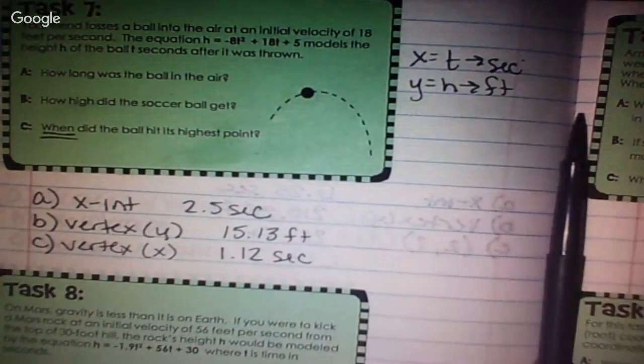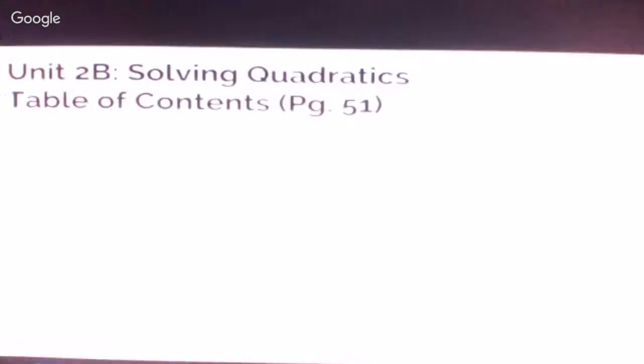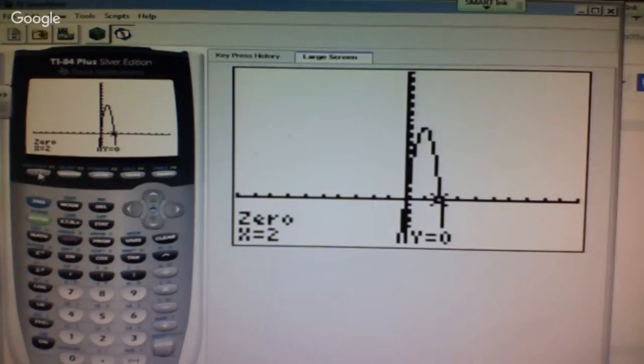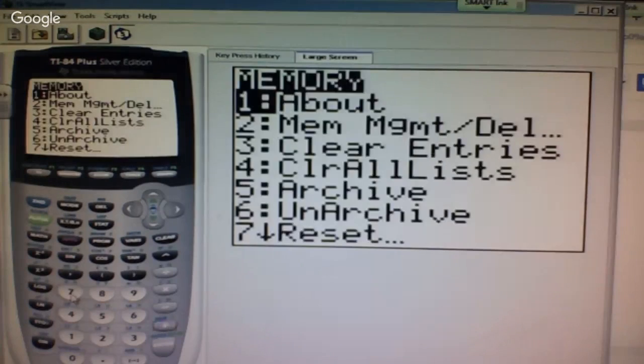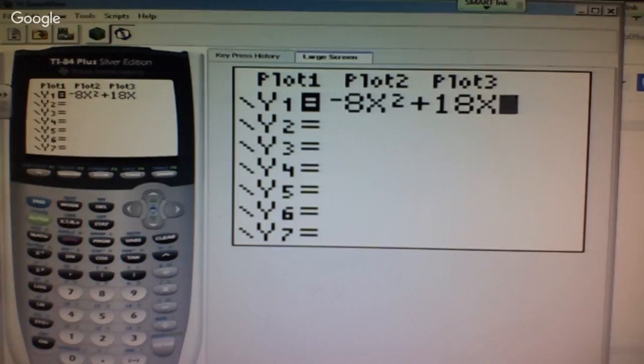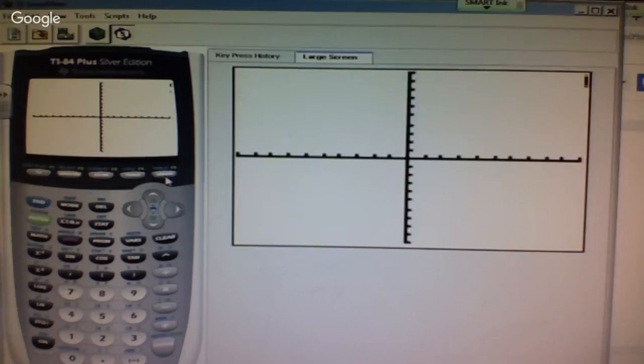Okay. You're fine. Let me pull up my calculator here. For this one, let me clear out my calculator. So you would have put in negative 8x squared plus 18x plus 5. And we go to graph.